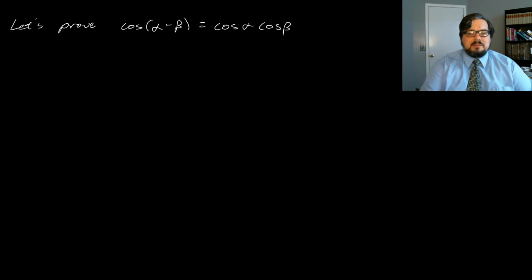So let's prove that cosine of alpha minus beta is equal to cosine alpha cosine beta minus sine alpha sine beta. And we're going to do that using the unit circle.